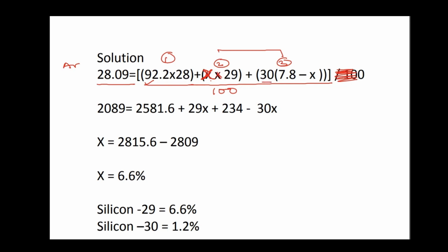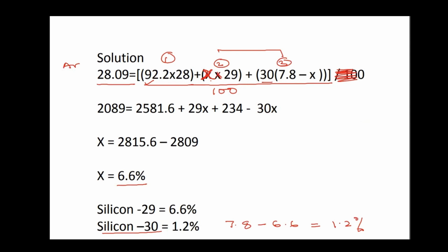The next isotopic mass is 30, so you'll multiply by that, and because the sum of both is 7.8, the percentage abundance of silicon-30 will be 7.8 minus X, right? So when you simplify this, you will get the value of X as 6.6%. If the value of X is 6.6%, then silicon-30 is going to be 7.8 minus 6.6, so its percentage is going to be 1.2%.